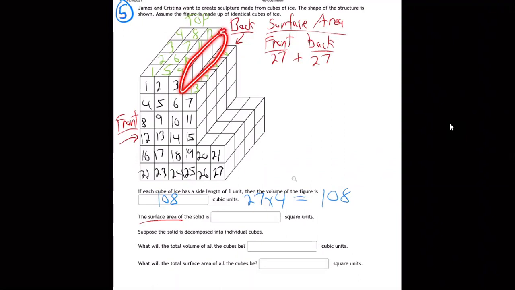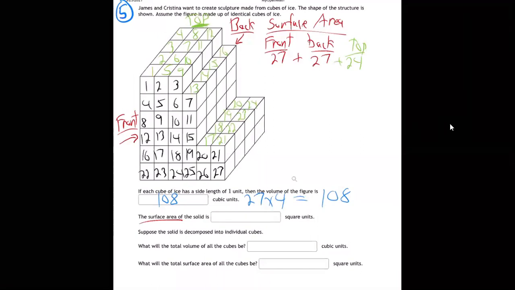Right now I'm just doing the top of all the blocks. So down here, 17, 18, up to 24. So there are 24 squares on the top.